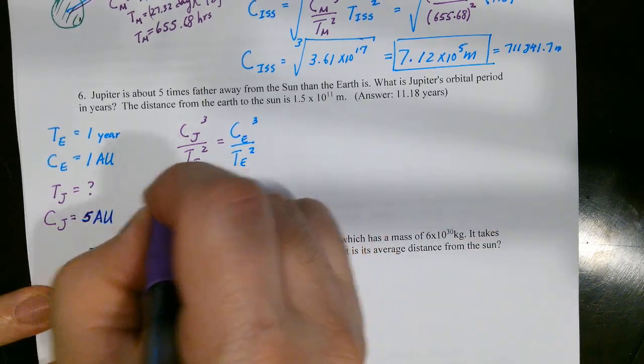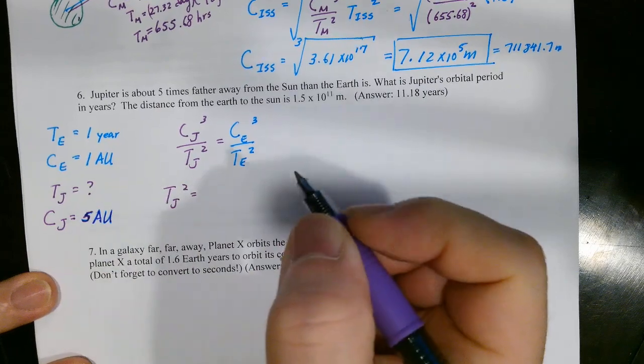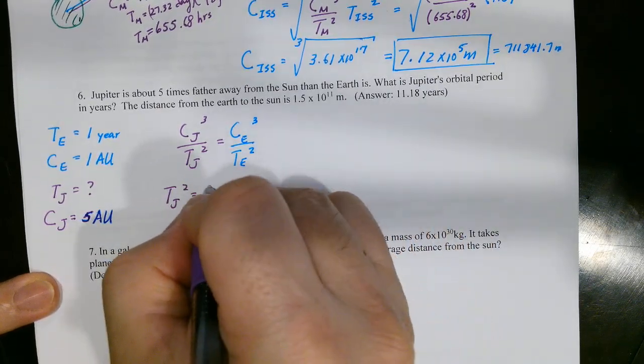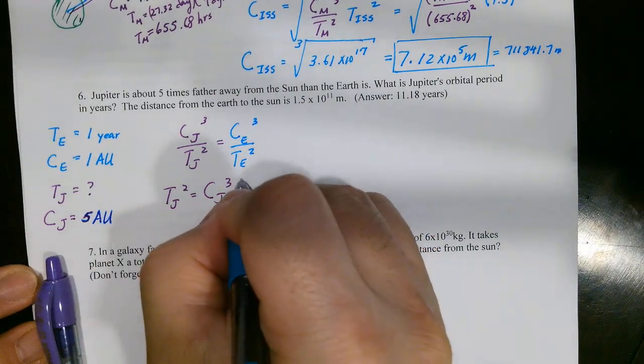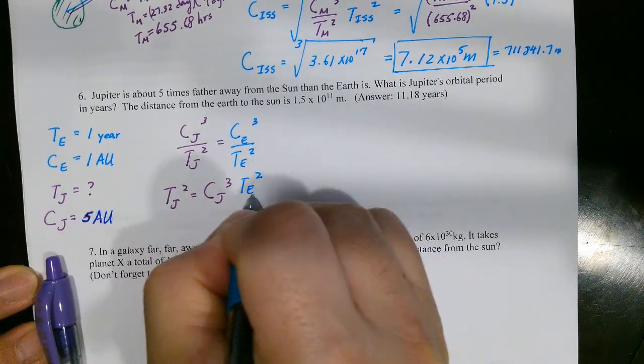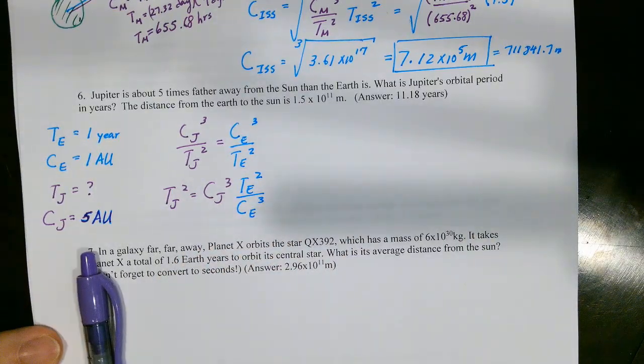So if we solve for T Jupiter, T Jupiter squared is equal to C Jupiter cubed times T Earth squared over C Earth cubed.